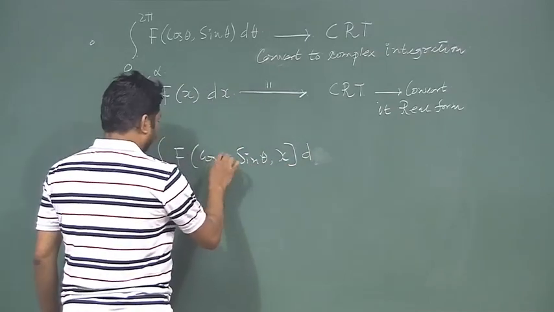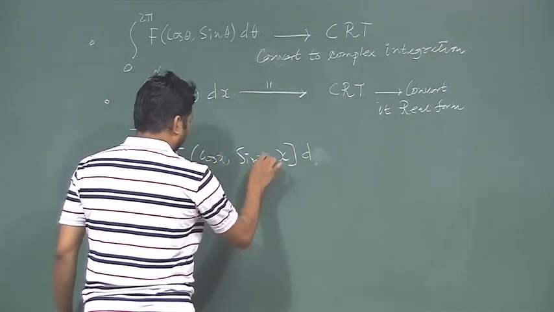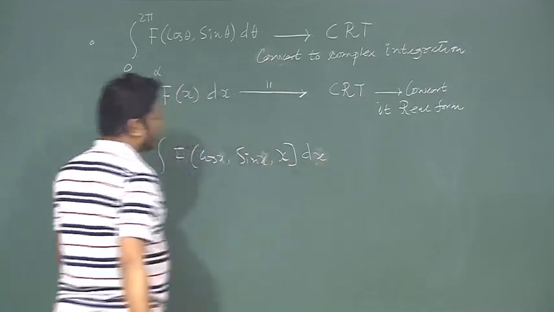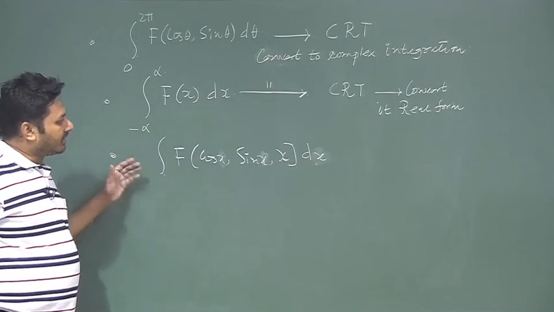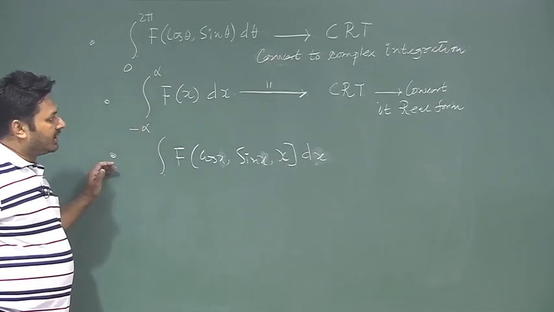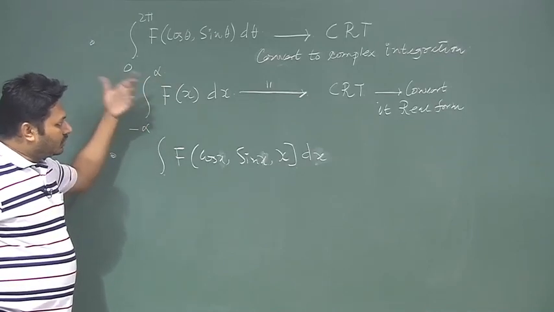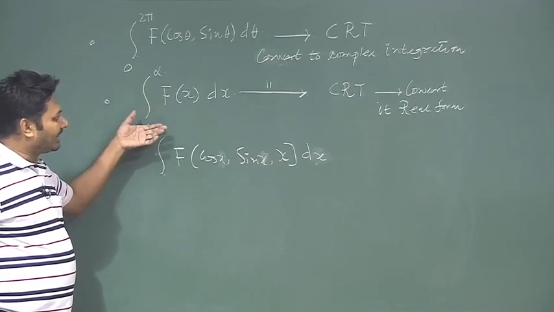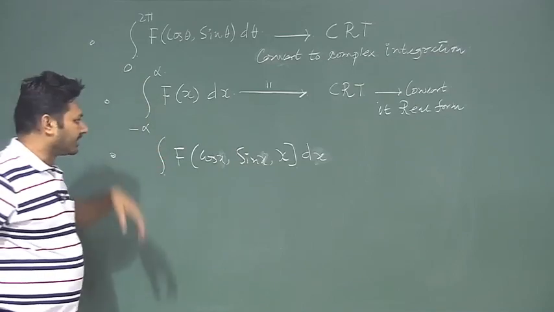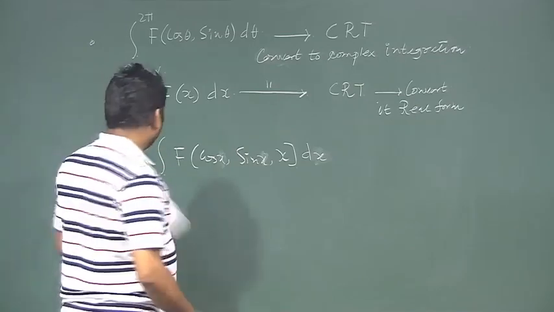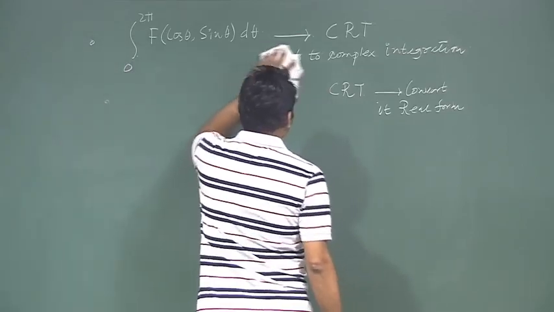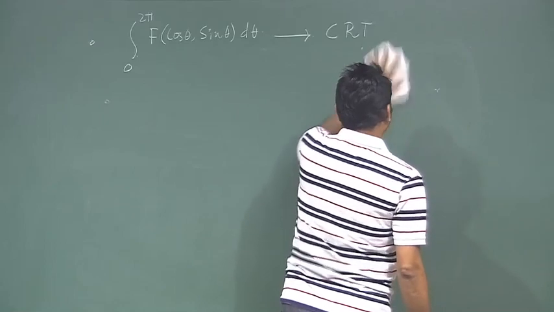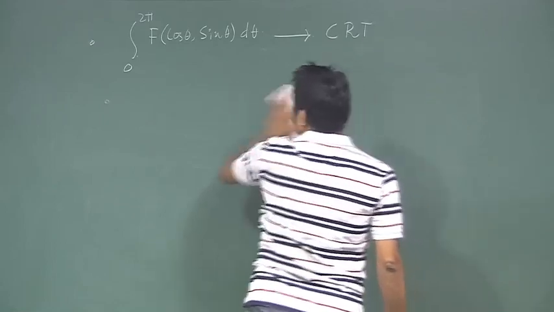I should write it as cos x, sin x, so that my variable remains x. Again I can convert these to some complex component, and then use Cauchy's residue theorem to calculate that and return it back if necessary. So, let us try to do a few problems. I will start with the first one, type 1, then type 2, type 3 we will do gradually.